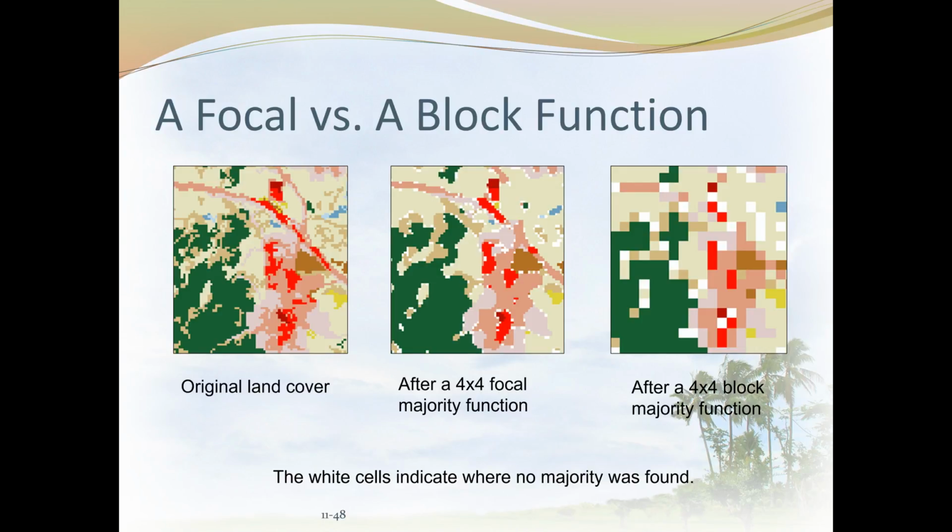So let's look at the focal versus a block function. The white cells indicate where no majority was found. So two types of neighborhood functions are used: block functions and focal functions. A focal function centers the window on a cell called the target. It calculates the statistic for the neighborhood and assigns the value to the target cell, and then it repeats the process at the next adjacent cell.